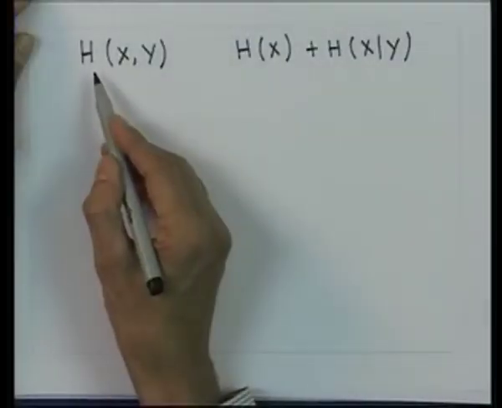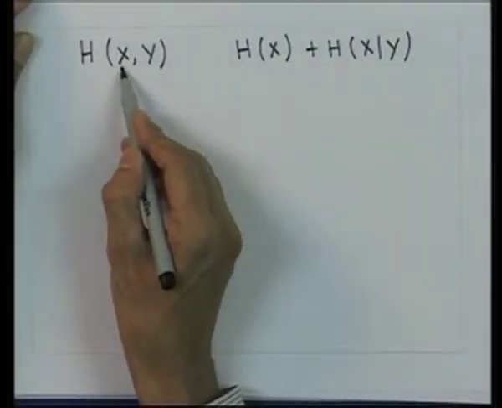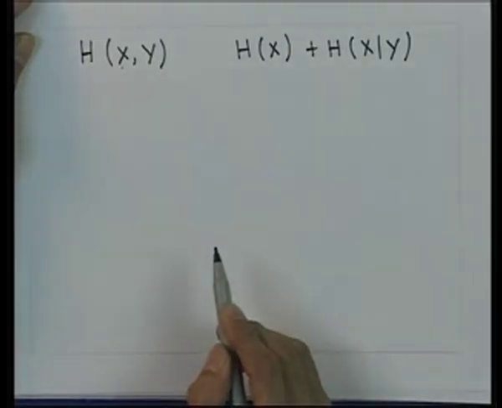So, I want to find out the relationship. This is my joint information, I have my marginal information measure, and then I have my conditional information measure. Now, I want to find out a relationship between these three quantities.